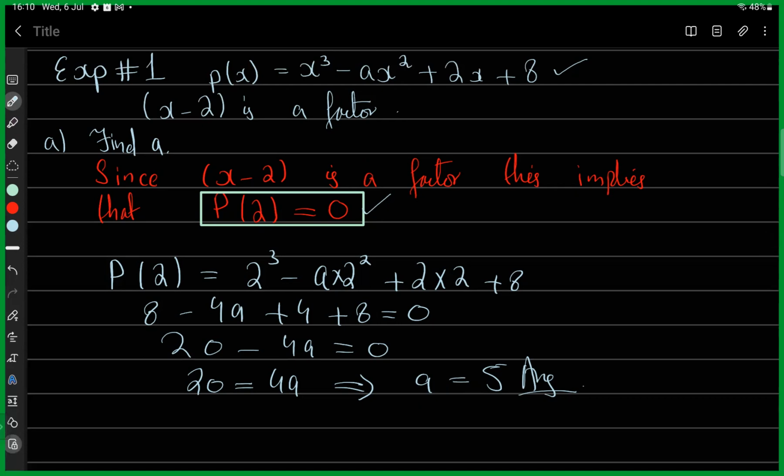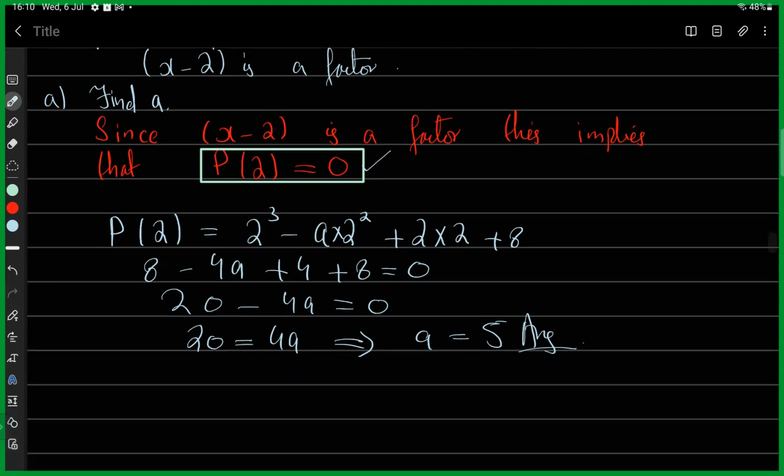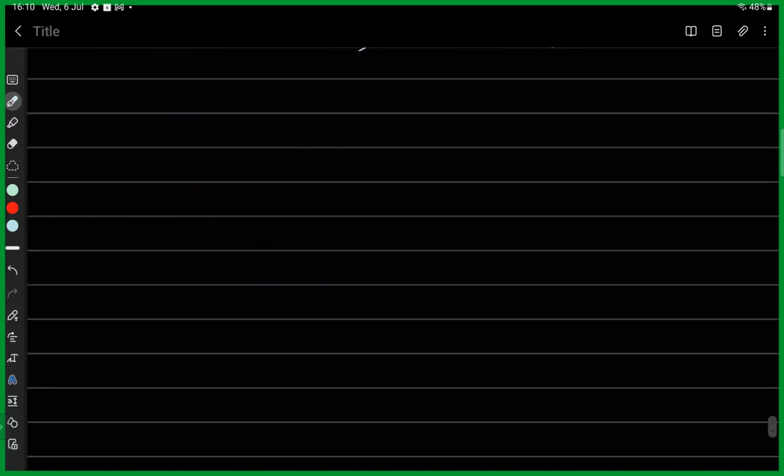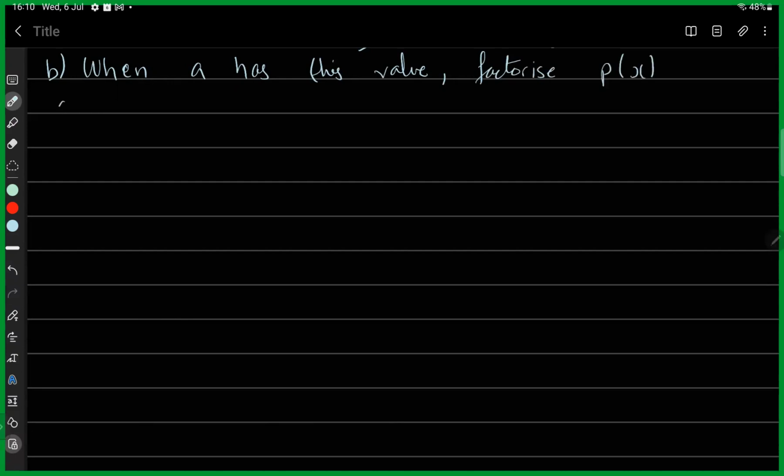Okay, let's talk about the second part of this question. Now, the second part of this question says, when a has this value, factorize P of x completely.